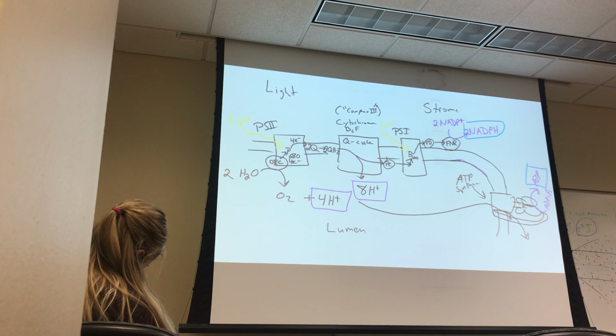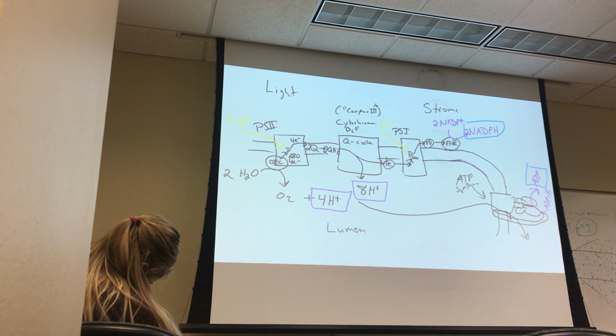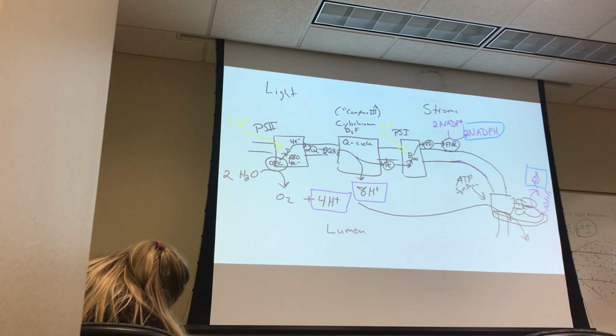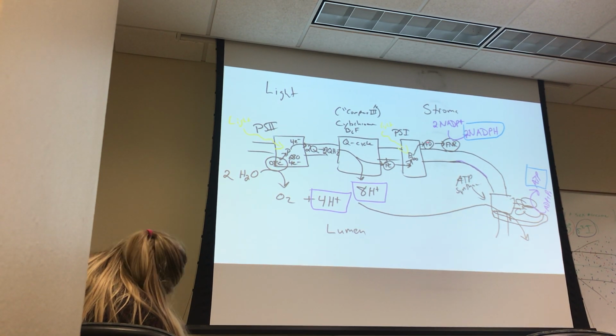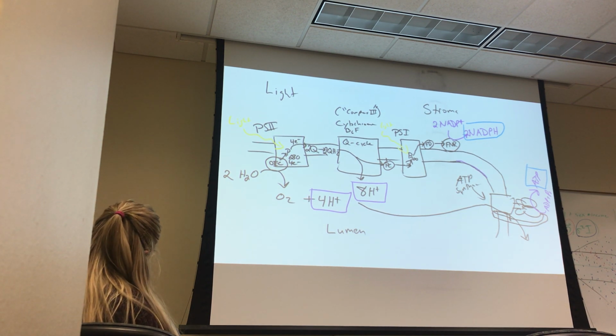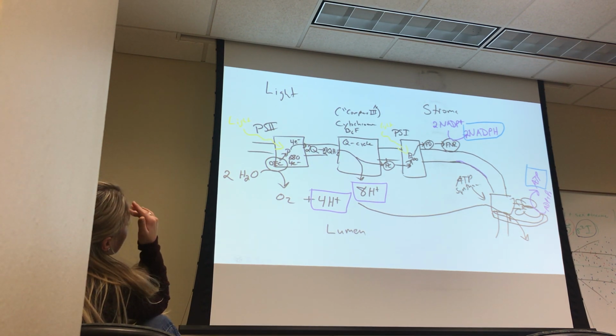We also talked about a pathway where if you run out of NADP plus, you've been sending so much through this pathway, which can happen during the day when you get intense sunlight. What can happen? Remember that this ferredoxin can actually cycle it back here and pump protons. Do you remember that? That there is an off pathway.